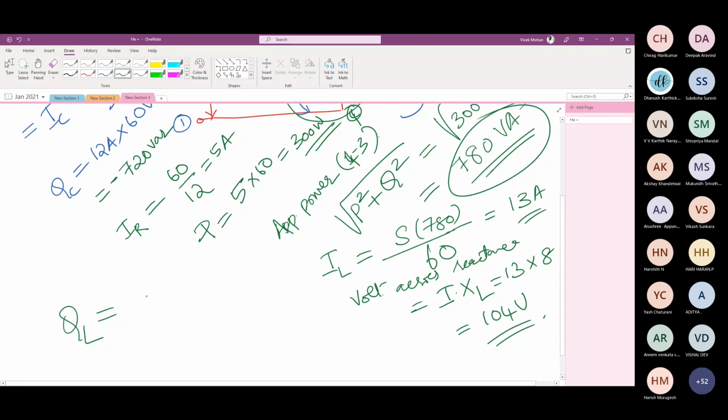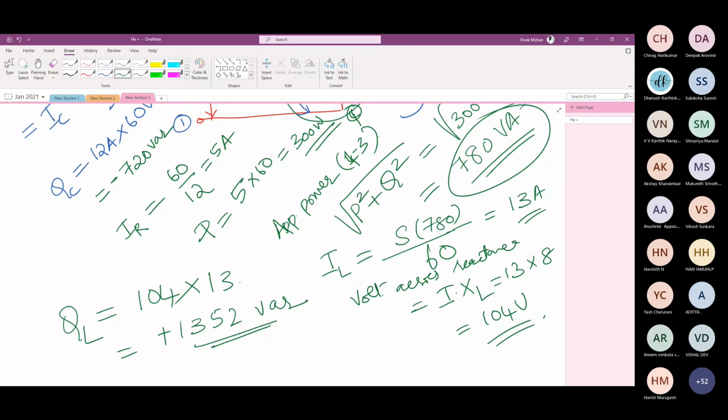So I am writing 104 volt into IL, 13, which is equal to plus 1352 var.